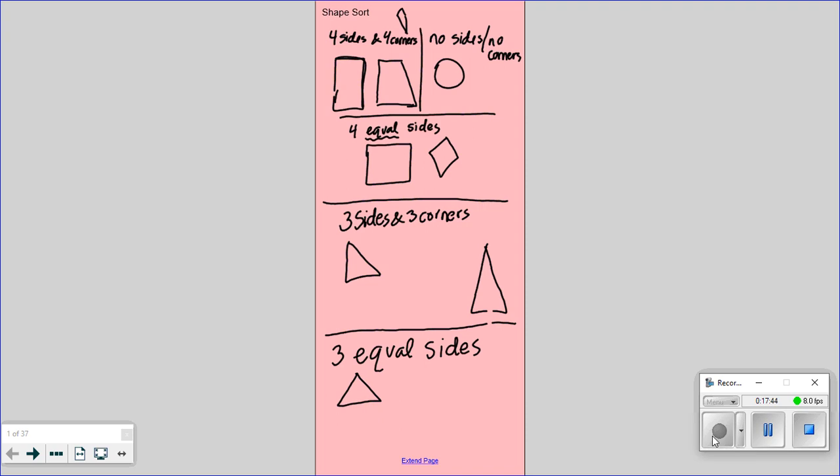Some of these shapes go in a category that we already have. Can you find a shape that you just cut out that does go in a category that we already have? Which one of these shapes goes in a category that we already have?